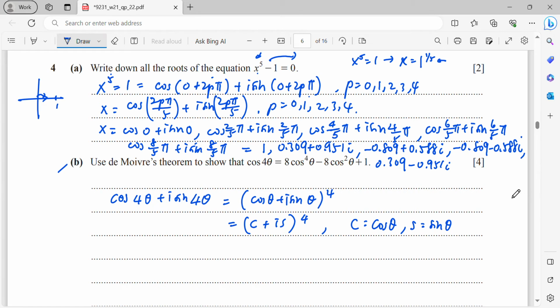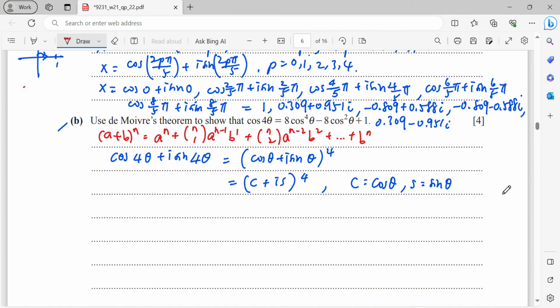And now to do this expansion, we need to refer to the binomial expansion. So binomial expansion is (a plus b) to the power n equals a to the power n plus nC1 a to the power n minus 1 b to the power 1 plus nC2 a to the power n minus 2 b squared plus until b to the power n. Otherwise, you can just use the Pascal triangle.